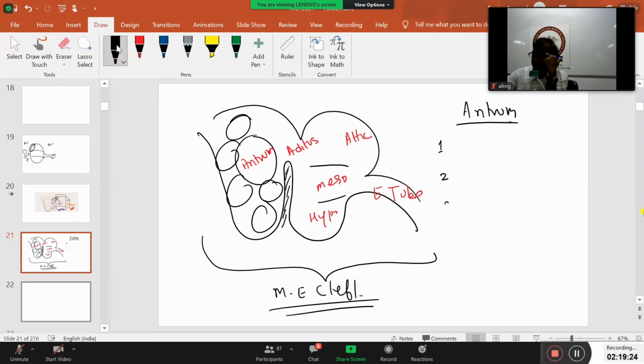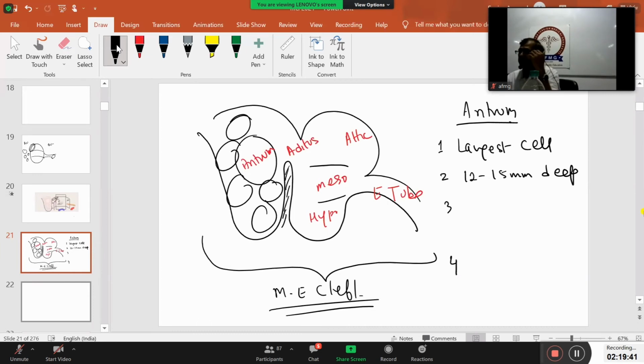Antrum, you have to know four things. It is the largest cell in the mastoid. How deep is the antrum? It is 12 to 15 millimeters deep from the surface. So if from the surface of the bone you go 12 millimeters deep inside, you get the antrum.